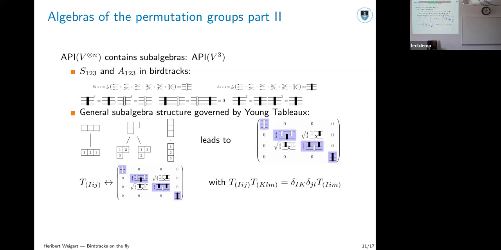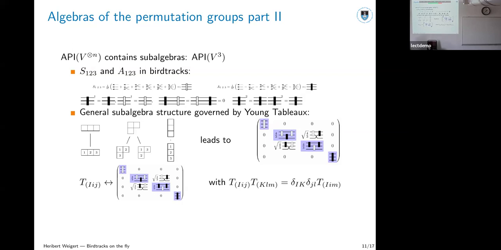So a Young diagram is a collection of boxes where you draw rows and attach rows underneath in a way that the following rows below are never longer than the rows you have above. They can be as long, but never longer.